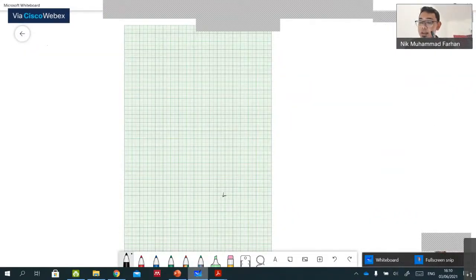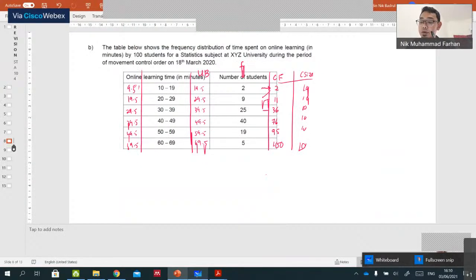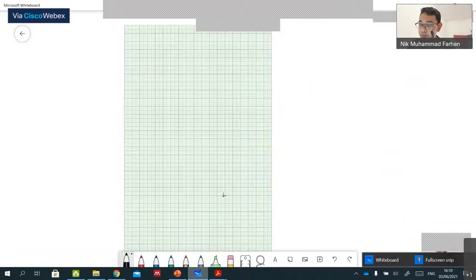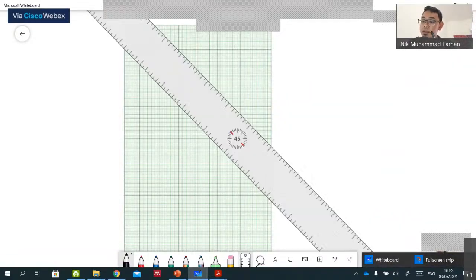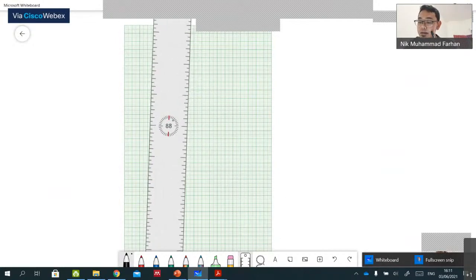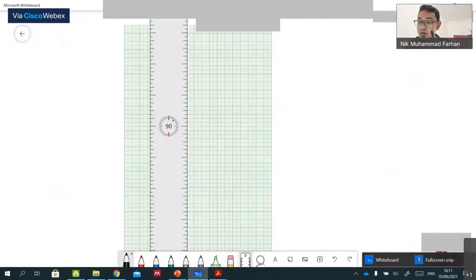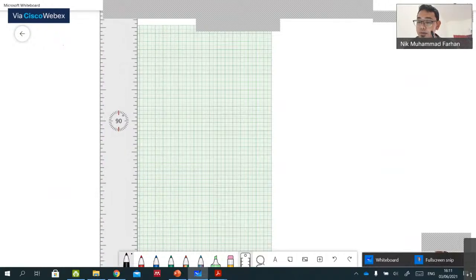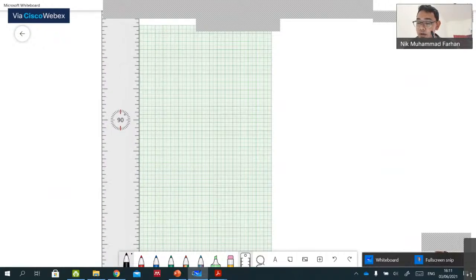Kita ada group ini, kita kena guna dia punya class boundary. Okay, 9.5, 19.5. So apa you perlu buat ialah you perlu lukis you punya paksi terlebih dahulu. Saya harap nampak lah. Okay. Menggunakan paksi ini. Right. Pada paksi Y-nya adalah frekuensi. Tolong garis betul-betul. Right.